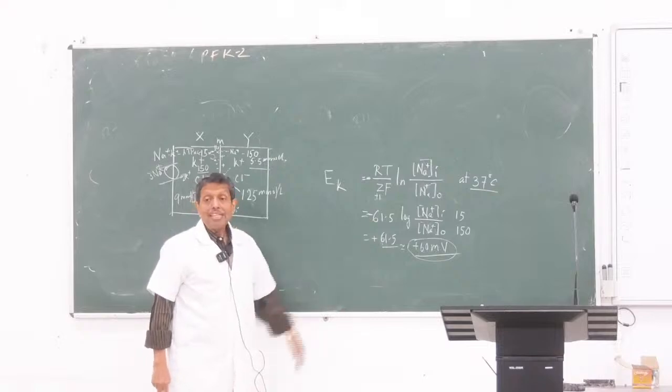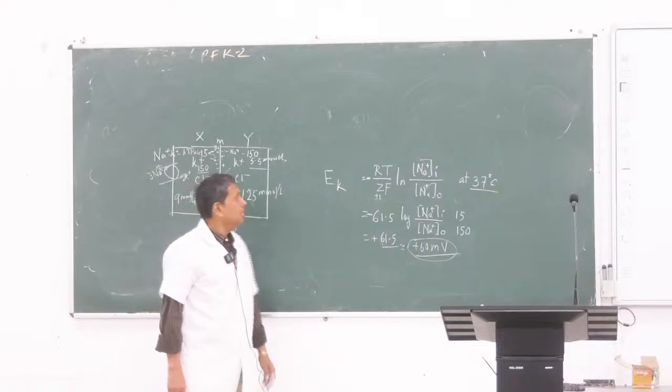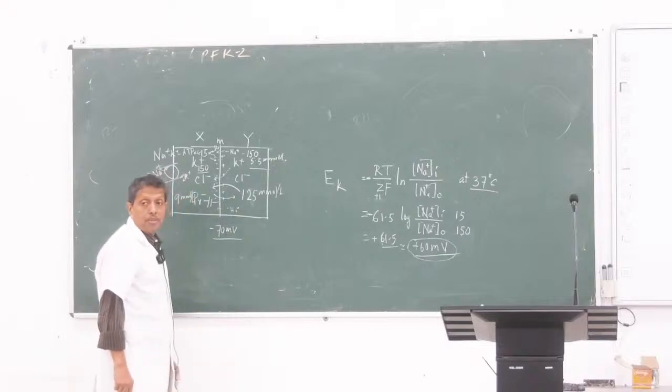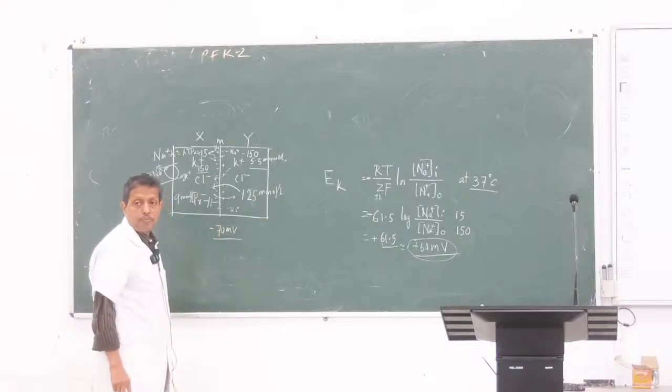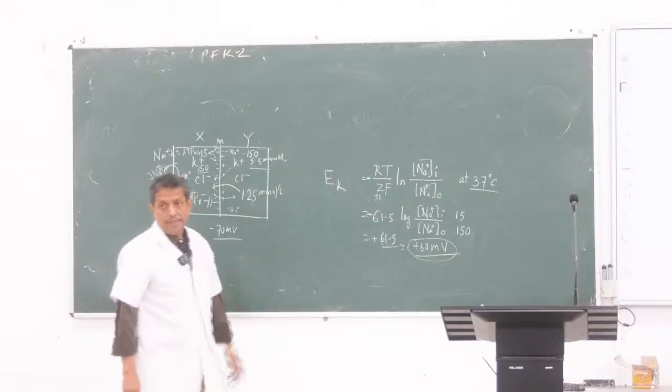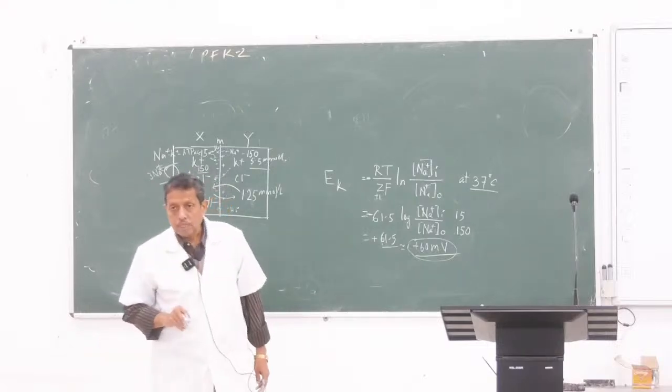And then whenever there is action potential generation, the inside becomes positive. So the membrane potential at that point of time becomes positive. This behavior of the membrane will determine this.